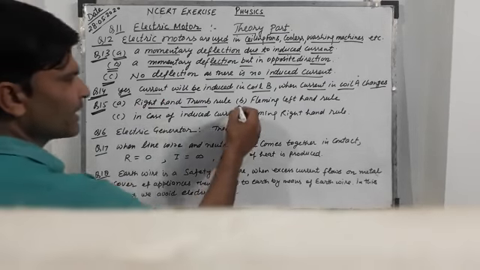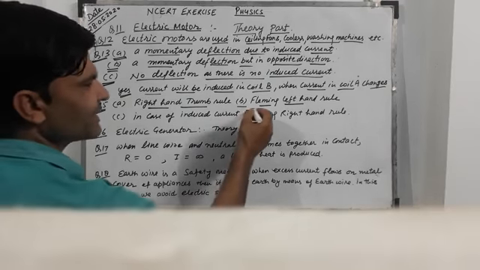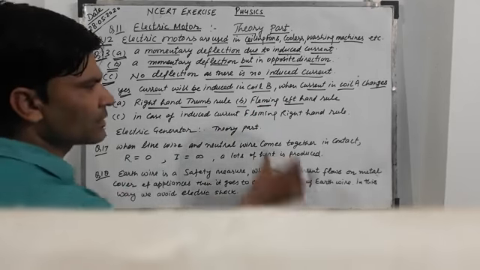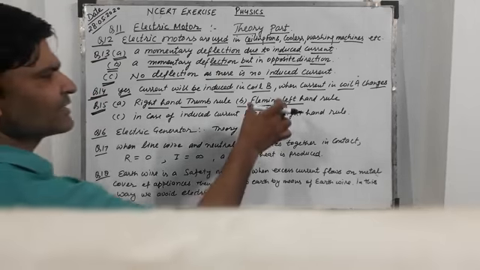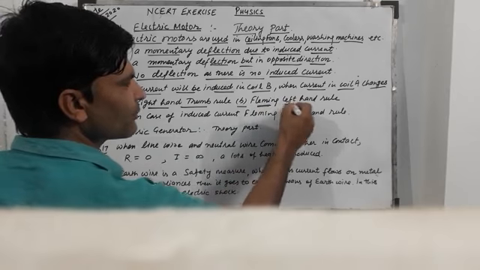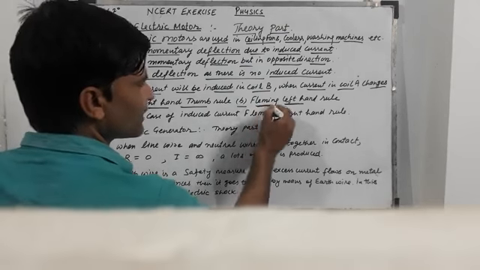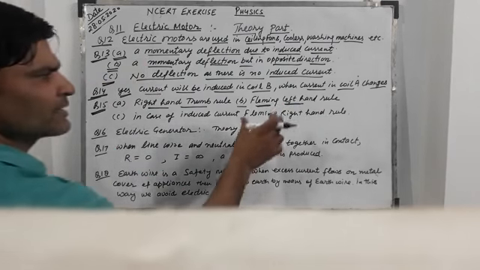Okay, in case of when a charge flowing means current carrying conductor is placed in a magnetic field experiences a force. Once again, when a current carrying conductor is placed in a magnetic field, it experiences a force.